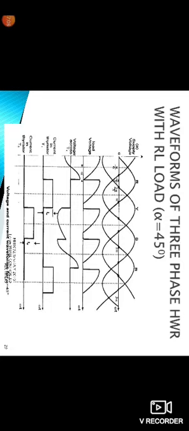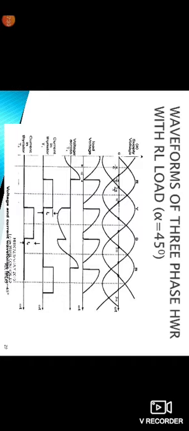Whenever the firing angle alpha of 45 degrees is applied, what will happen in the load voltage? It will start after the firing angle, then it reaches a certain point, then it maintains 0, then it increases and maintains 0.